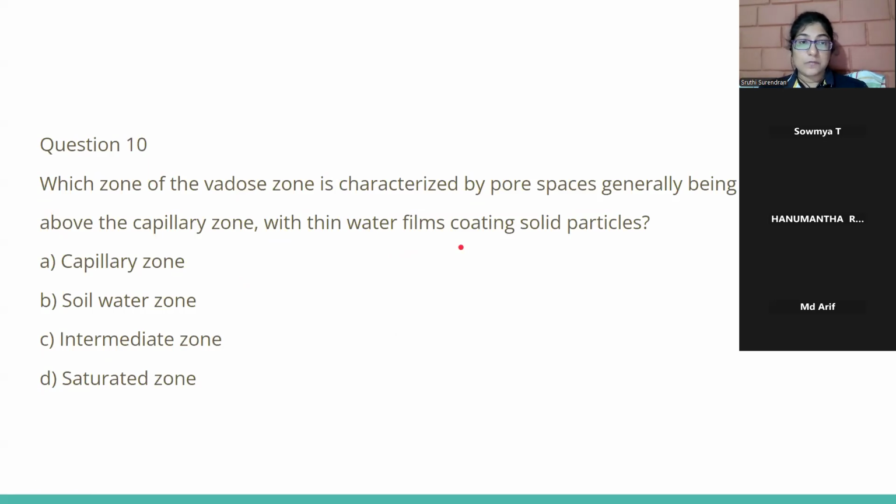Which zone of water zone is characterized by pore spaces that are air filled above the capillary zone?